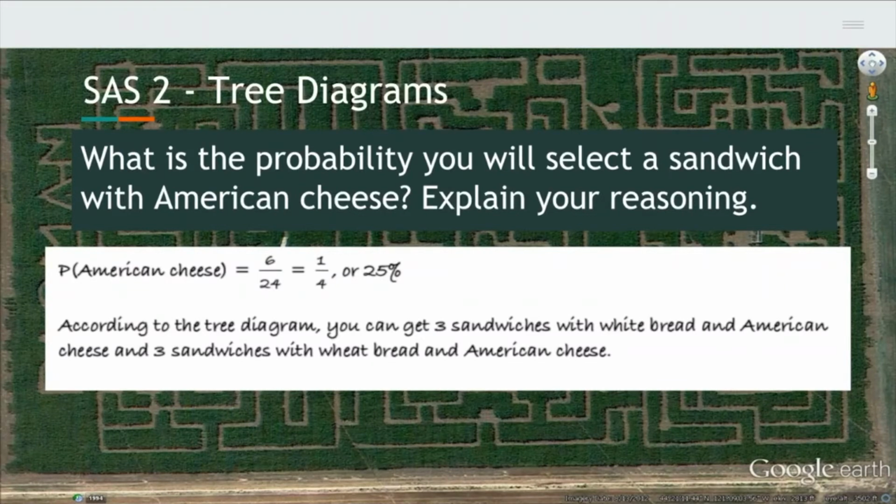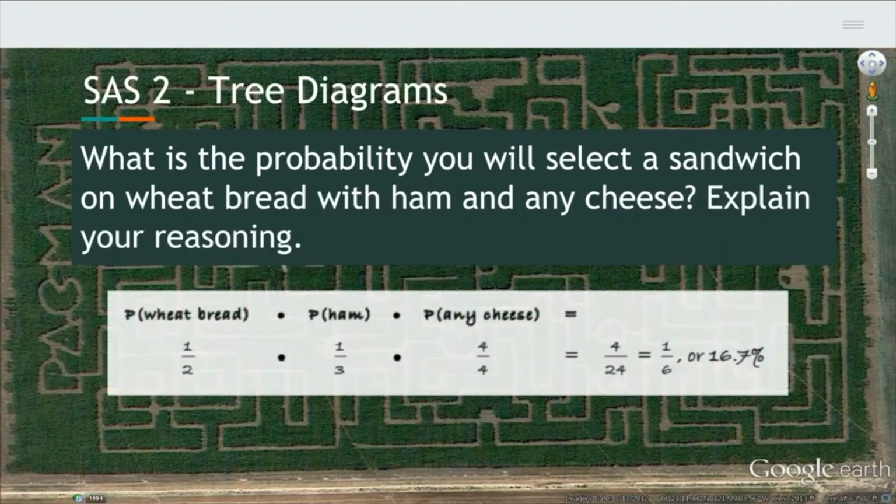Of the meat, 3 of the 3 selections can be chosen. And then of the cheese, only 1 of the 4. So 2 times 3 times 1 is 6. And we multiply through the denominator. The denominator is 2 times 3 times 4, which is 24. Did the same thing here. Notice we multiplied straight through.